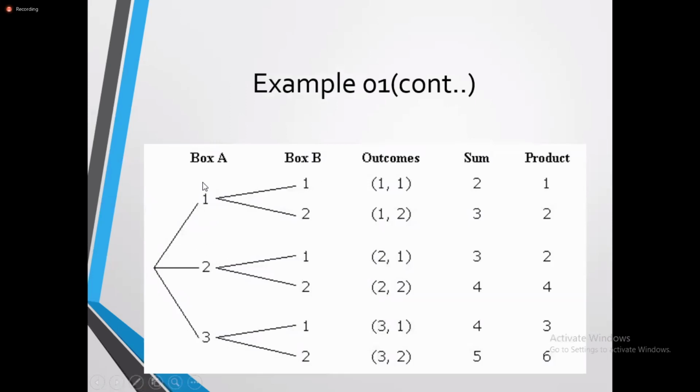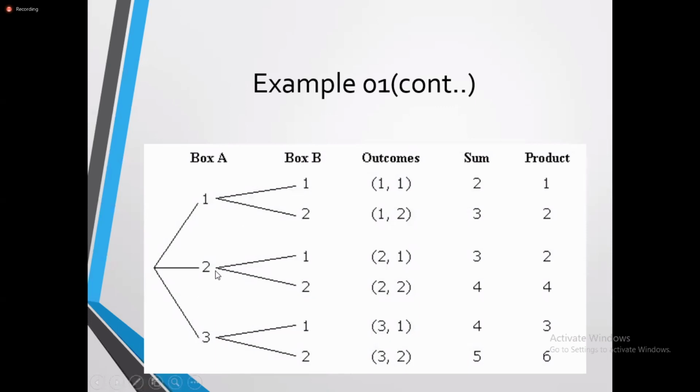Let's say the card drawn from box A is 1. Then what can be the card selected from box B? It may be either 1 or 2.